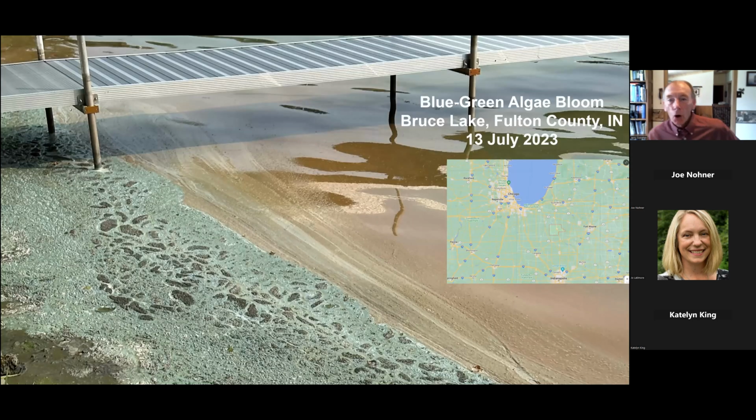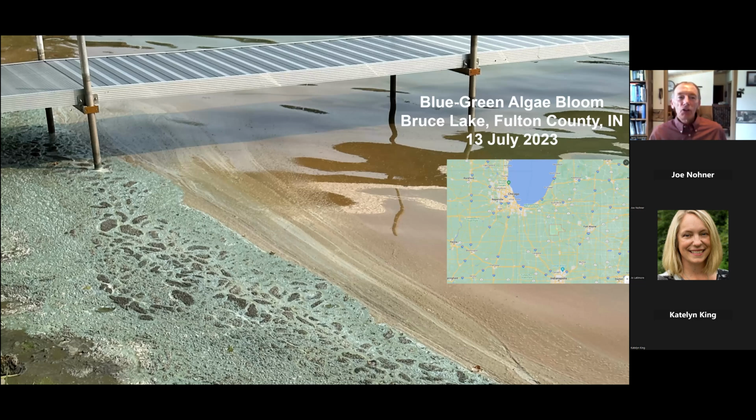A little closer to home, in one of our research lakes, is a little lake about 240 acres in size in Fulton County, and I've inserted a map there. You can see the red outline. This is one of the southernmost glacial lakes in Indiana. It's fairly shallow.